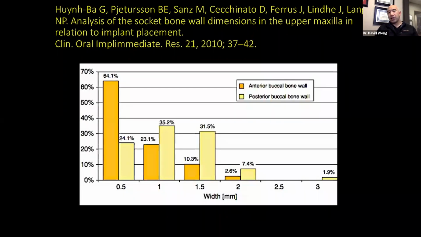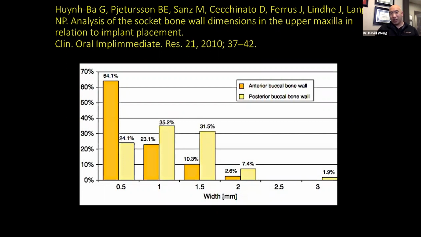So one of the things that you're going to notice when we look at some of these studies, this is a pretty popular chart that you'll see in several people's presentations. But what happens is, when you take out a tooth, they've done these studies where they look at the thickness of the facial plate, and you're going to notice that we're high 80s.